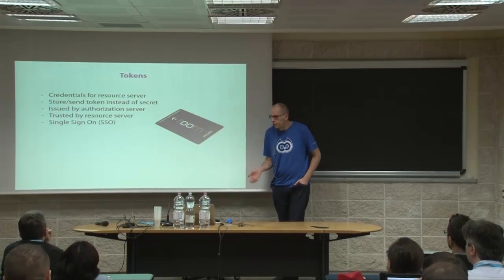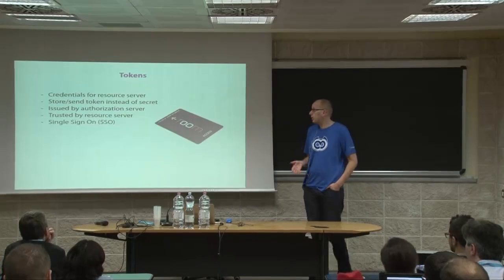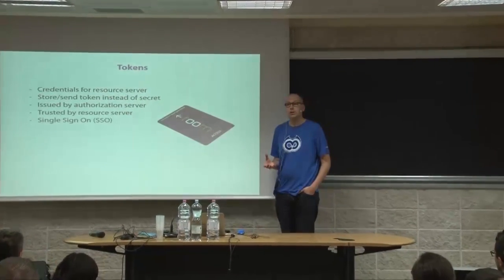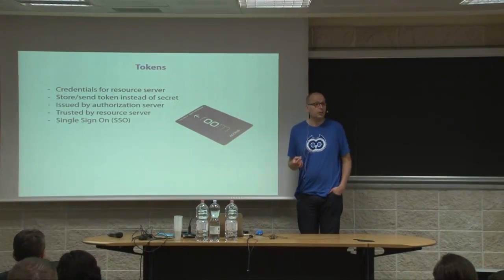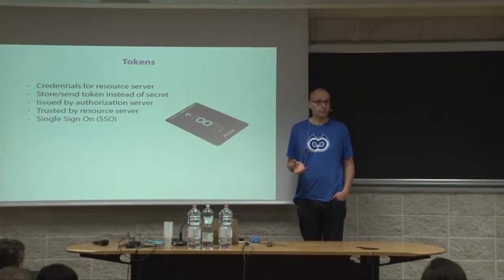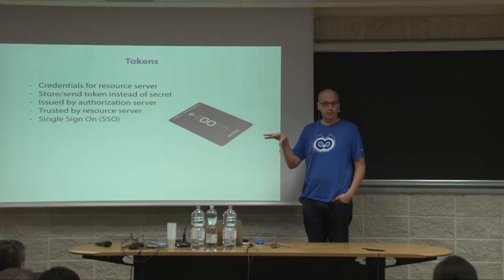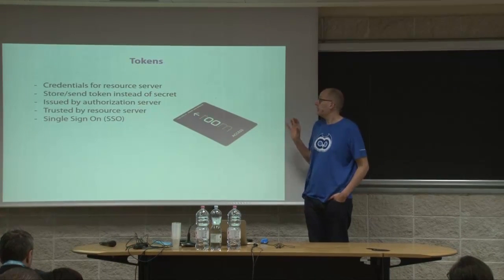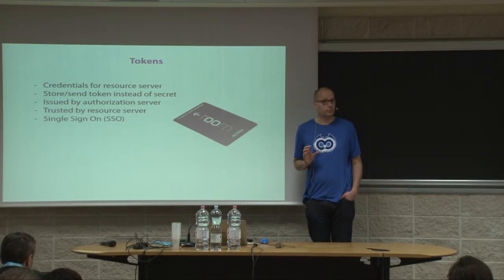So OAuth and OpenID Connect use tokens, and tokens are credentials for the resource server. So the resource server doesn't get a username and a password, because only the authorization server gets the username and the password, but it only gets the token.